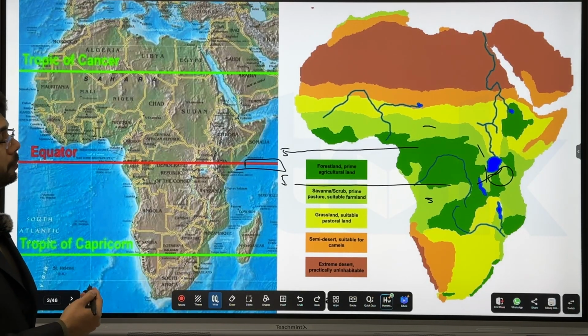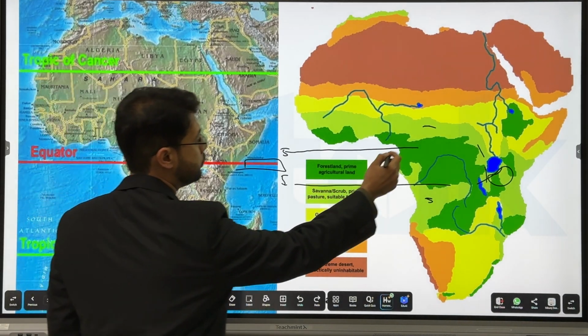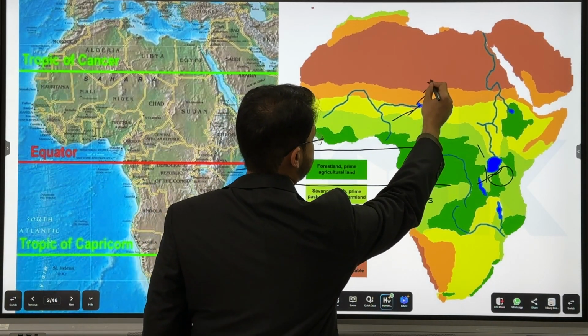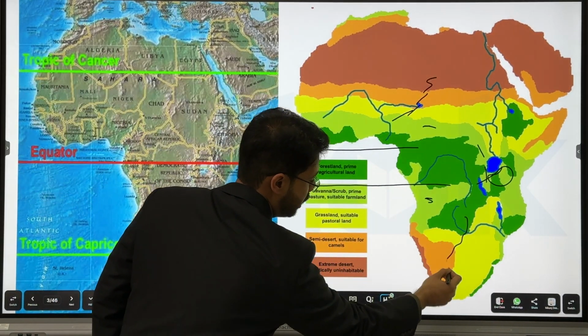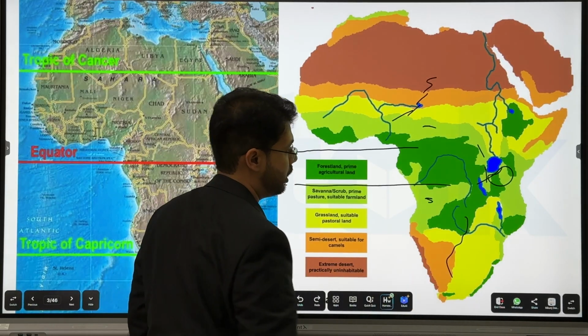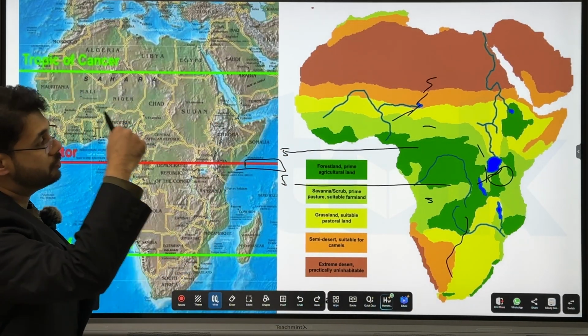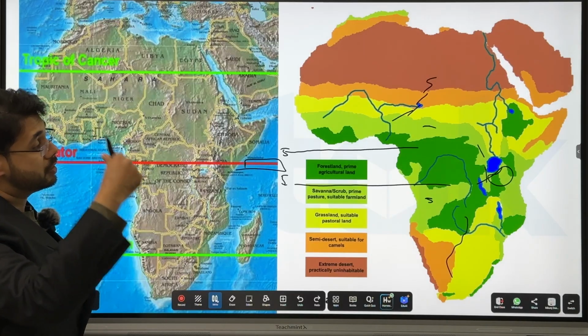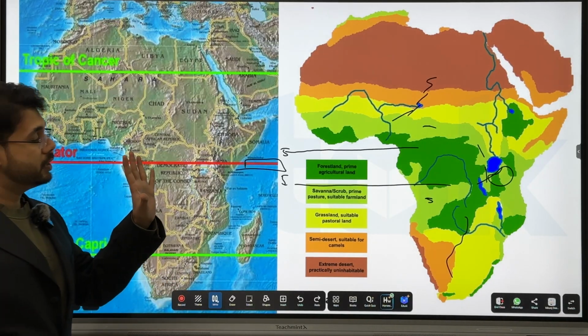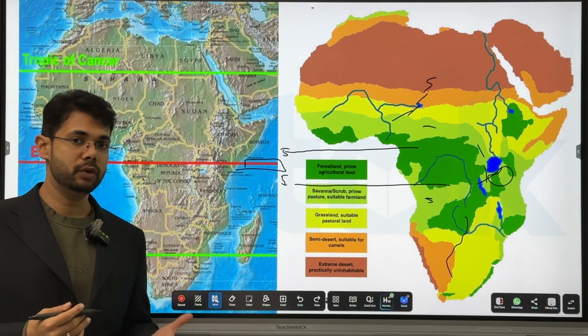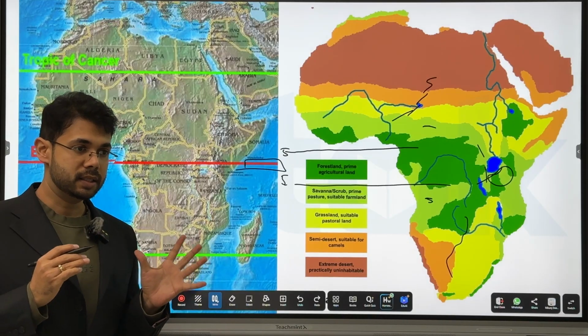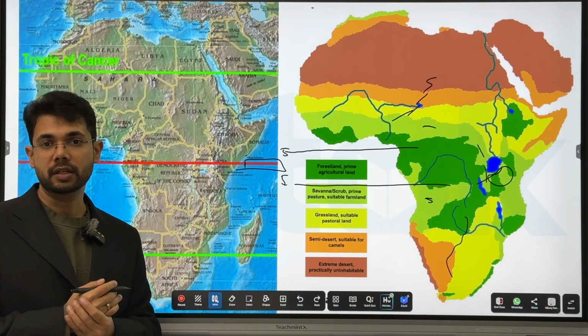Beyond savannas, what do we have? We have deserts. There is a transition zone and then we enter desert here. Same over here, we enter desert, the Kalahari and the Namib. Over there we have the Nubian desert and the Sahara desert. So this is what I'm saying: Africa is giving you something to understand the biogeographic regions of the earth.